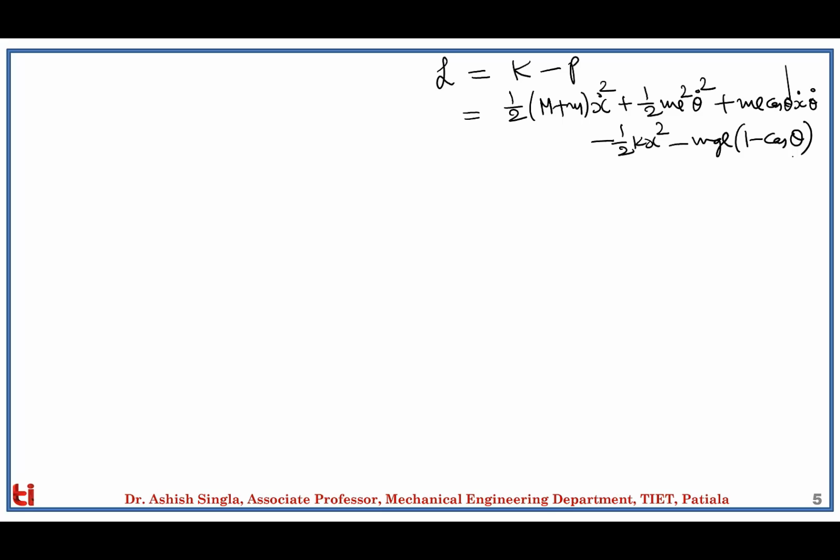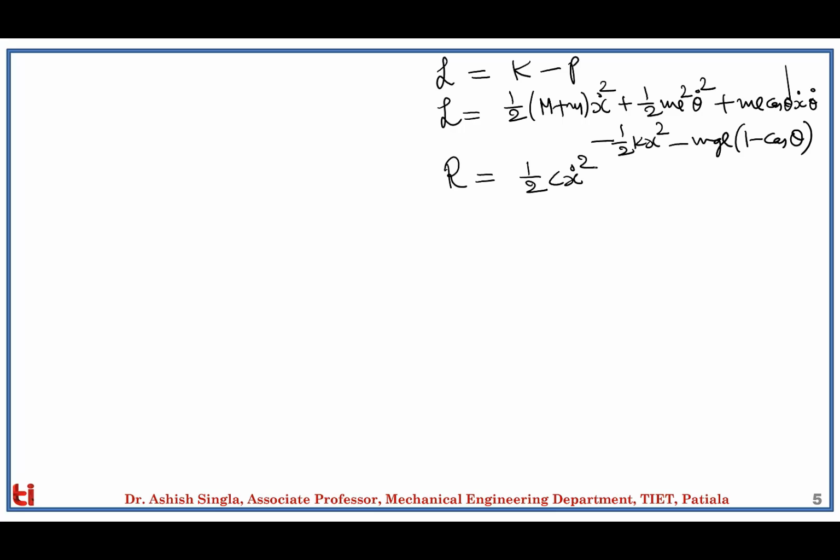So this is the Lagrangian, and we also have the Rayleigh's dissipation function because there is one damper. The Rayleigh's dissipation function represents the total amount of energy dissipated by the system, which is equal to half c x dot square.